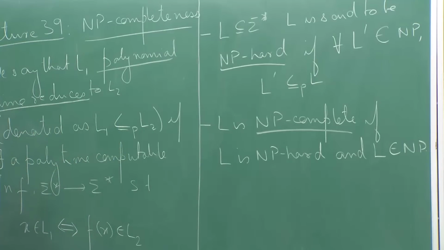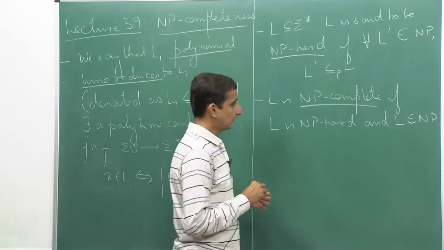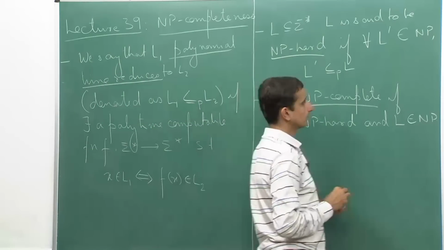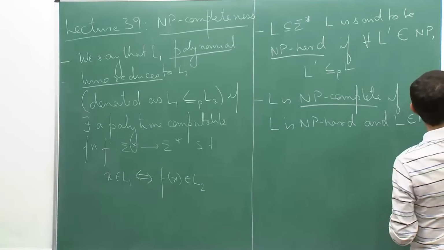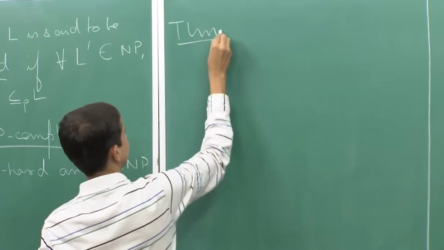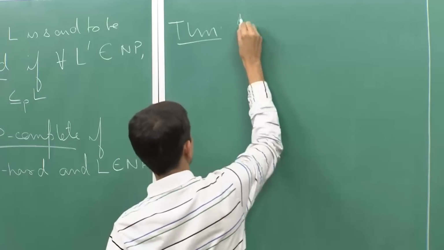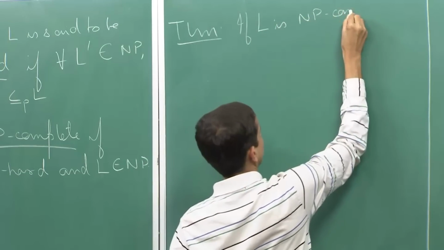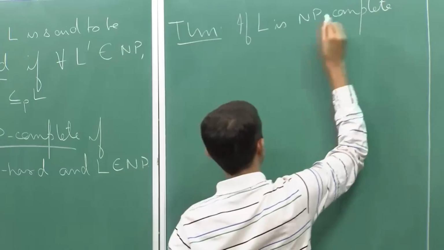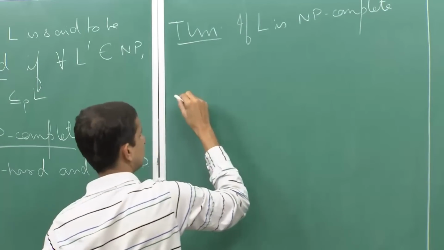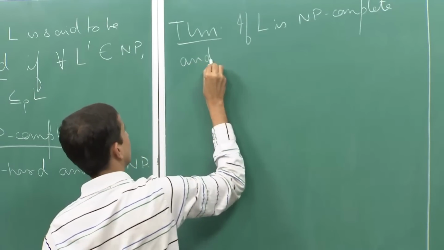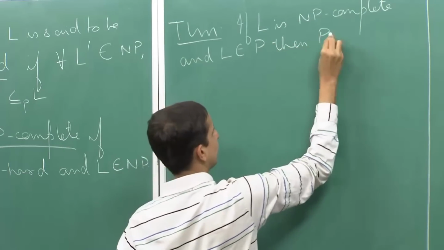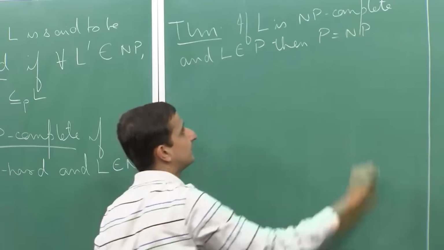So, what are some of the properties that we can say about NP complete problems? The first result, let me state it as a theorem: if L is NP complete or even NP hard and L belongs to P, then P equals NP.